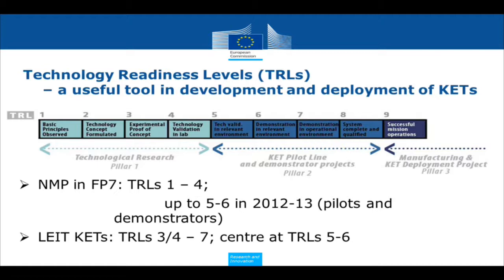Now, as you also know, each topic comes with a funding level. Either it is a research and innovation action, in which case the funding is 100% of the direct costs, or it is an innovation action, whereby the funding is at 70% of direct costs for the profit-making partners, and still 100% for the other, non-profit-making partners.